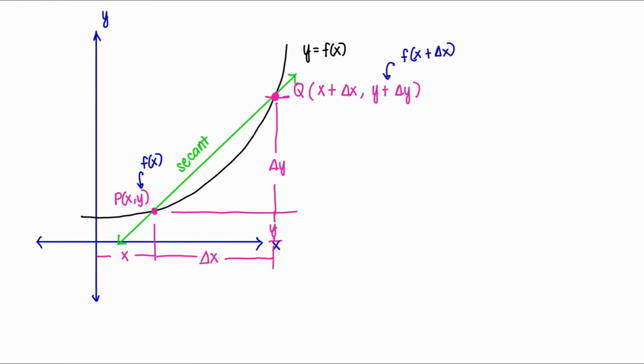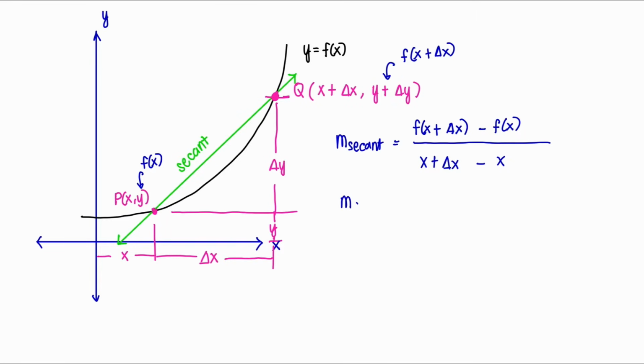Using the formula, the slope of the secant line is equal to the ordinate of point Q, which is f of x plus delta x, minus the ordinate of point P, which is f of x, divided by the abscissa of point Q, x plus delta x, minus the abscissa of point P, which is x.